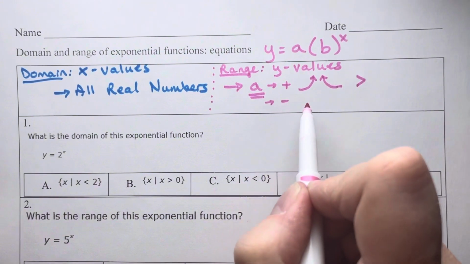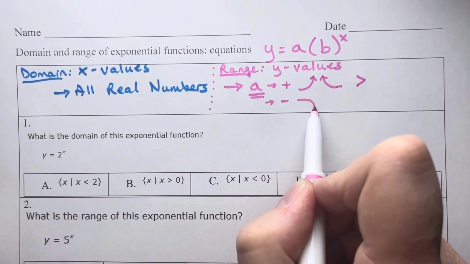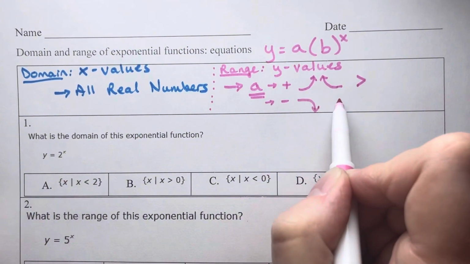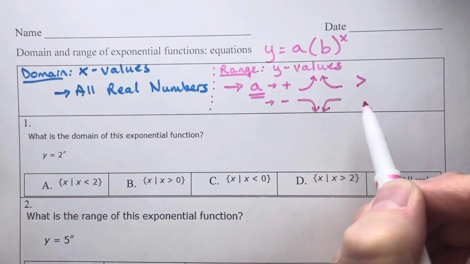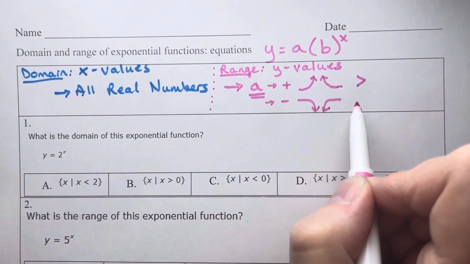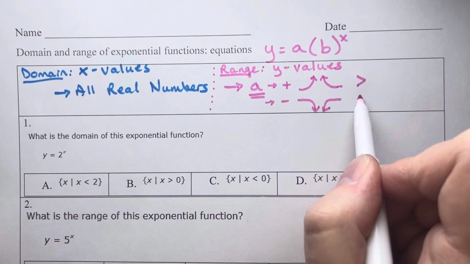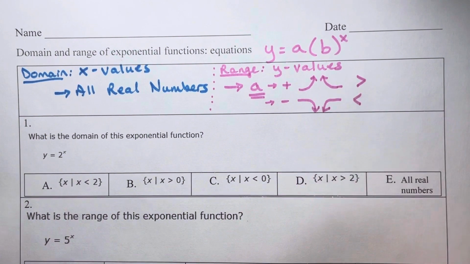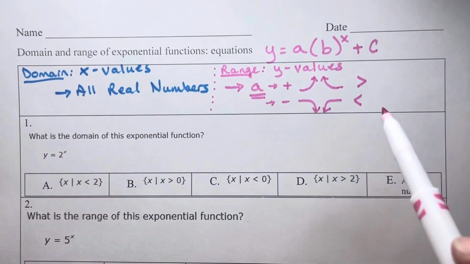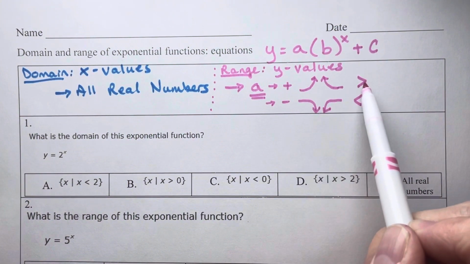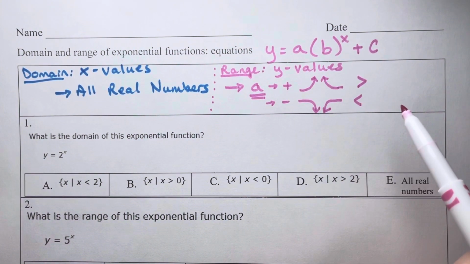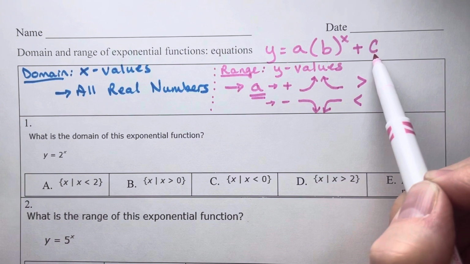If a is negative, then our graph is going to be moving downward from either direction, which means that we are going to be below the asymptote and thus using a less than symbol. Now the big question is, greater than or less than what number? It's our number c.